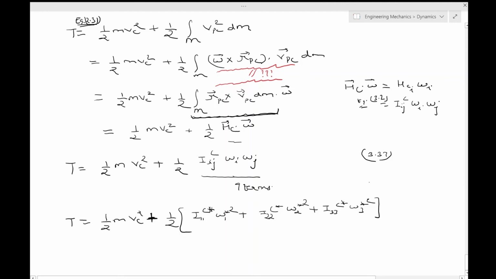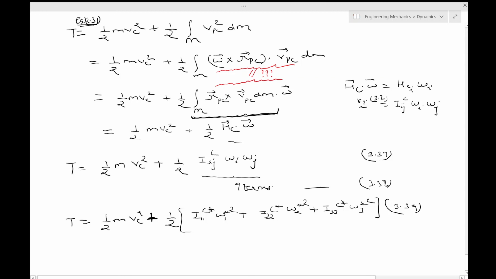This would have been 3.38 if you had expanded it into the general terms, and then 3.39. So this is the whole point. The kinetic energy will not really change just because you rotate the coordinate axis; the total kinetic energy will not be changed. Obviously the numbers change, so I11 of C star is clearly not equal to I11 of C. The numbers will keep on changing, and we have discussed this several times.